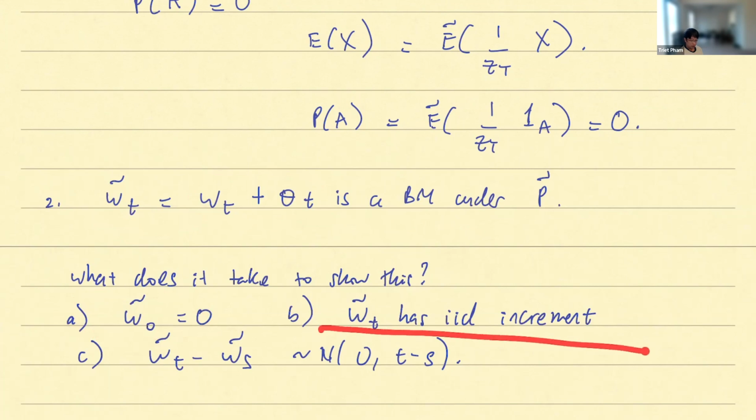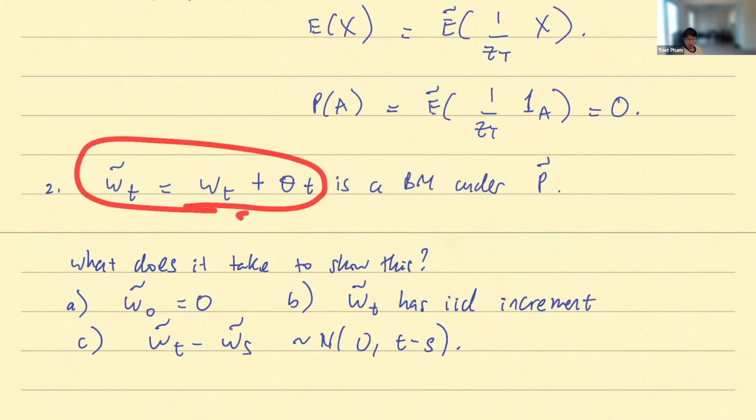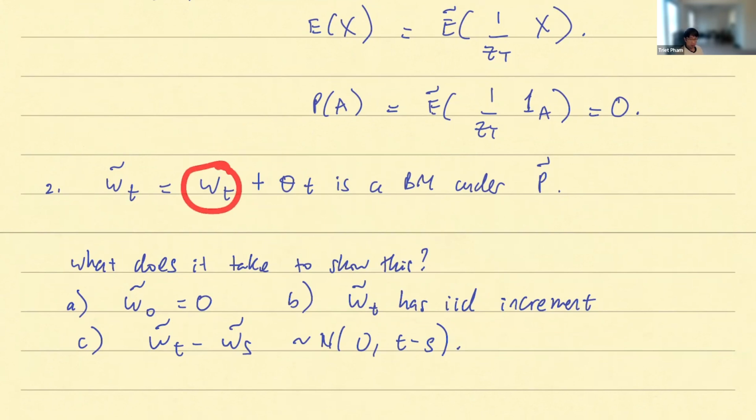What about IID increments? Well, you change probability. Maybe because the drift is deterministic, you may believe that it still has independent increments. But be careful. It's kind of clear that this has independent increments under P, the physical probability, because under P, this is still a Brownian motion.